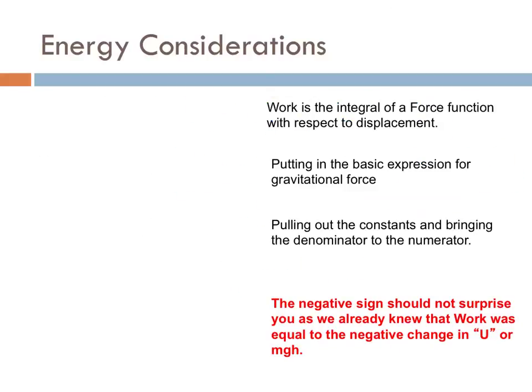Now we're going to go over a few other things you need to know. These are energy considerations. Now remember from mechanics that work was equal to the integral of F dot dr. Well, in this case, our force is G m1 m2 over r squared.